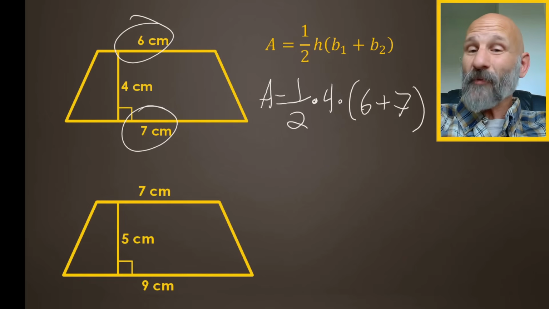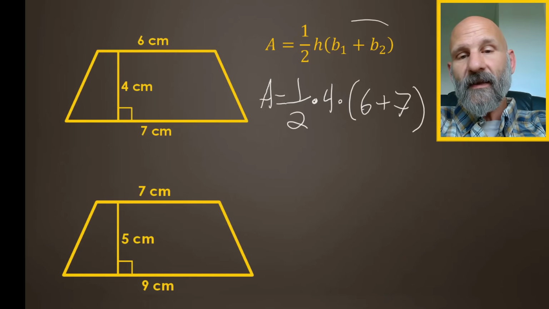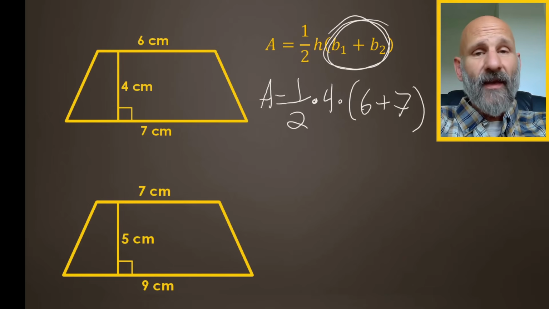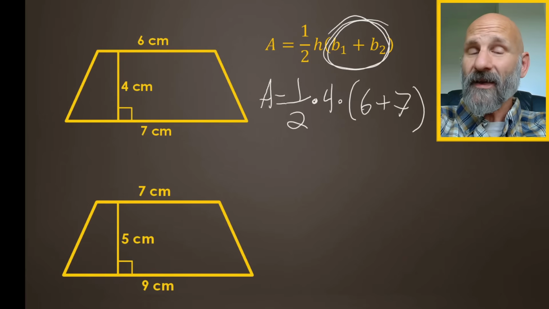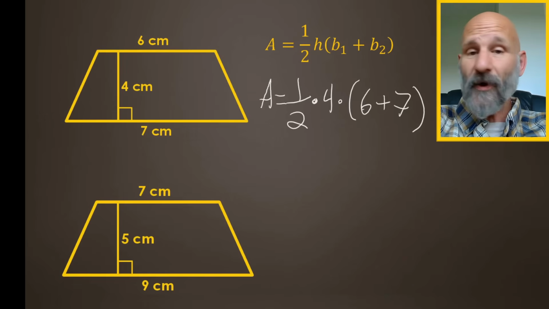Now again, with any of these formulas, if there is mental arithmetic you can do, go ahead. As long as you read this as add the two bases together, you could just write in a 13. Because the next step here is we're going to do order of operations, PEMDAS, parentheses first. That's going to be the 6 plus the 7.